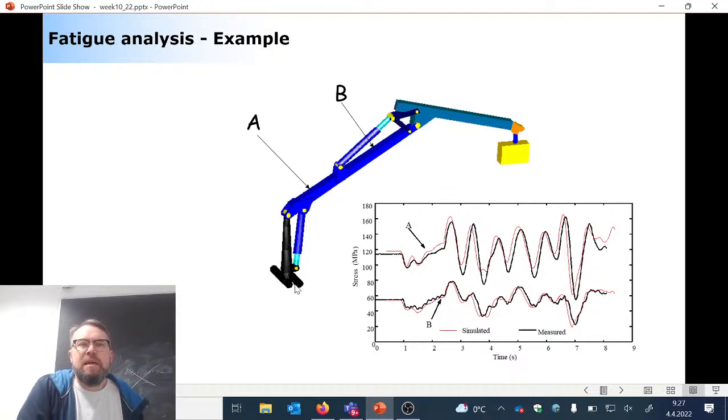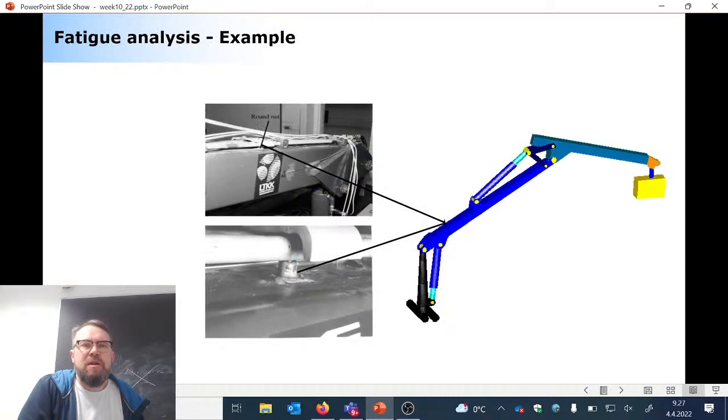Now, what was figured out is that this design, which is still in use, had a clear misunderstanding in the way the hydraulic pipes were led to this swing cylinder and also this telescope cylinder here, because they were connected to this main arm by using a simple welded stud here.